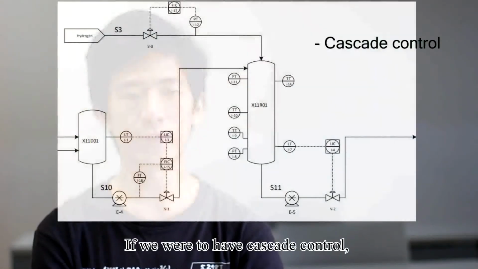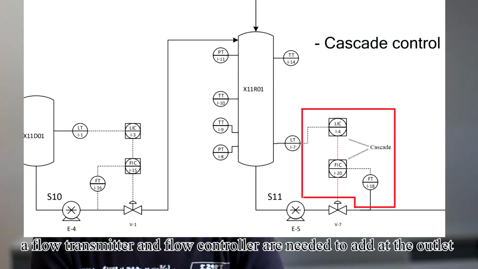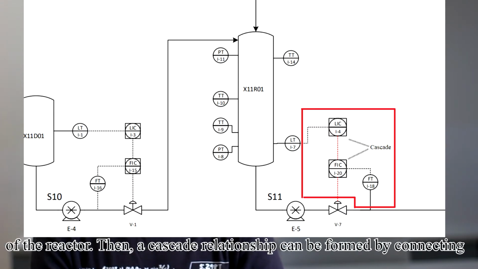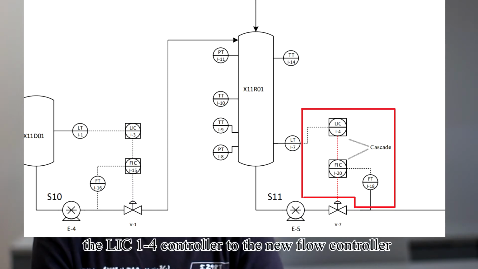If we were to have cascade control, a flow transmitter and flow controller are needed at the outlet of the reactor. Then, a cascade relationship can be formed by connecting the LIC14 controller to the new flow controller.